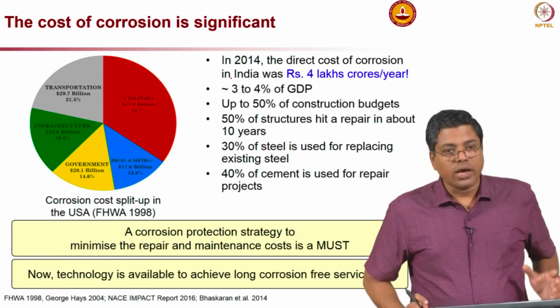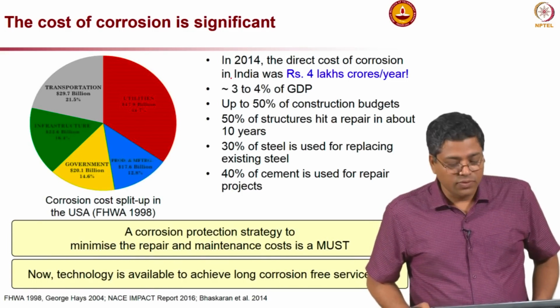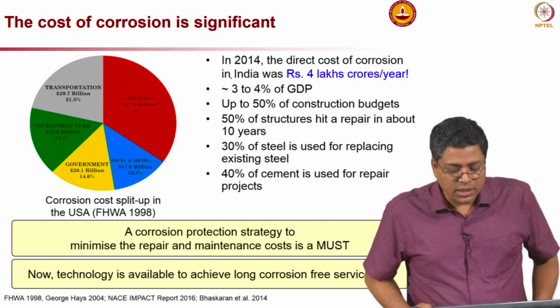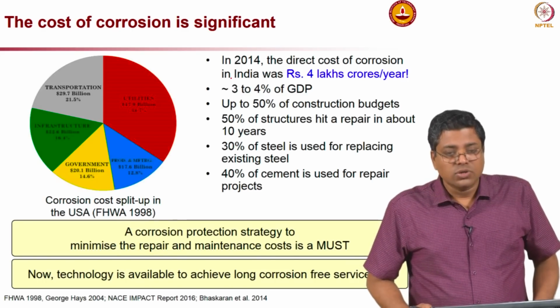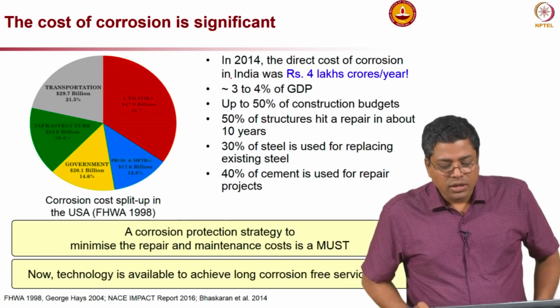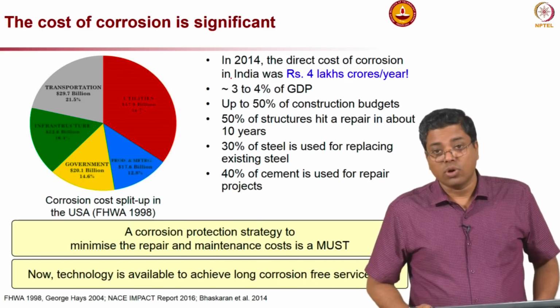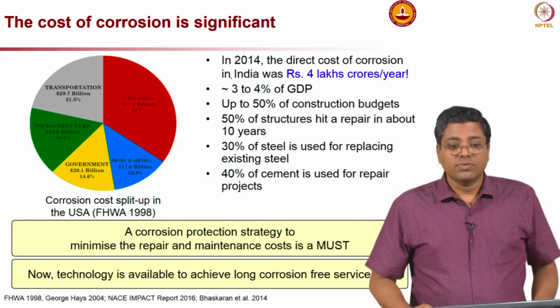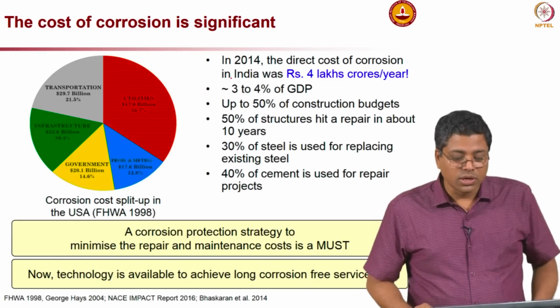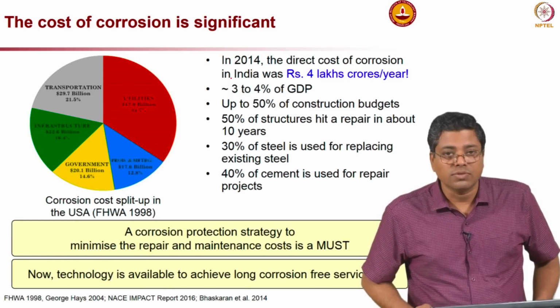Now, let us look at why we think that corrosion is very significant. This is a statistic: in 2014 the cost of corrosion was rupees 4 lakh crores per year. That is very high, approximately equal to about 3 to 4% of GDP.